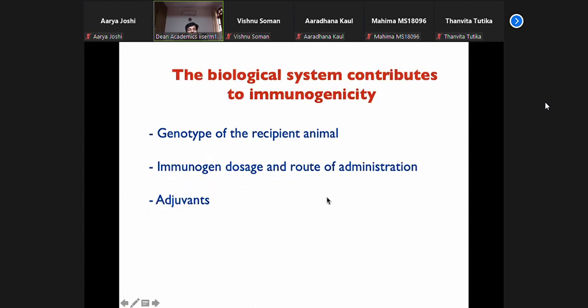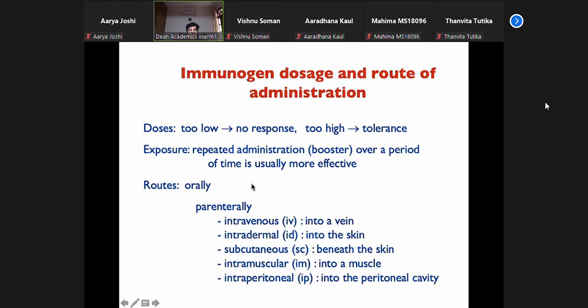Biological system. We talked about these things: genotype of the recipient animals, dose, route of administration, adjuvants. Let's talk one by one. Dose and the route of administration. If you inject too low a dose, you don't generate an immune response.